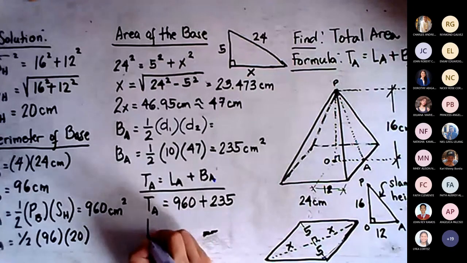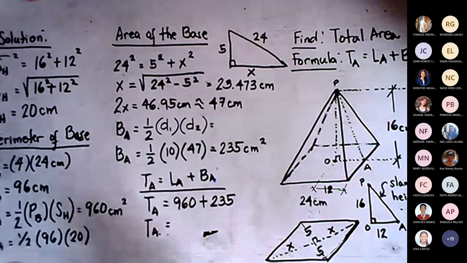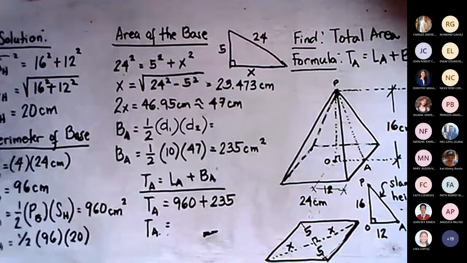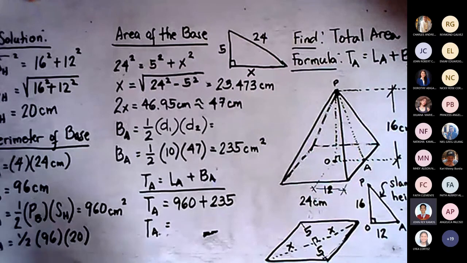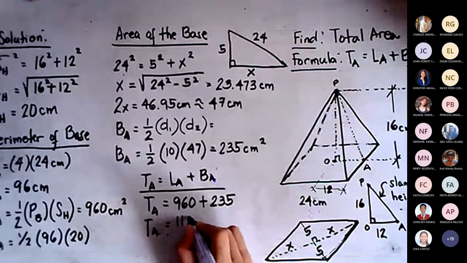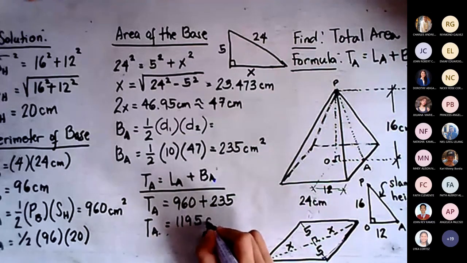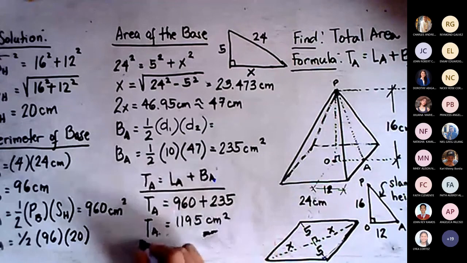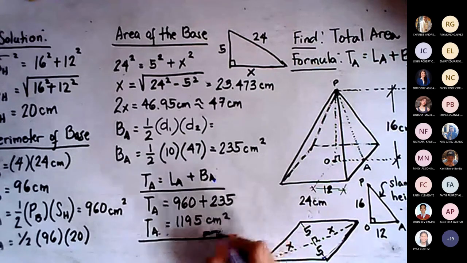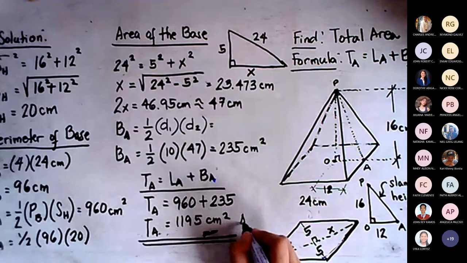And that would mean the total area is equal to, please calculate for this one. 1,195 square centimeter. And this will be our answer.